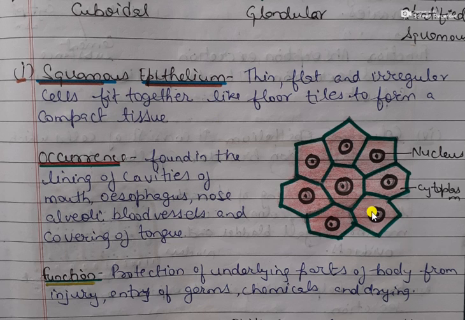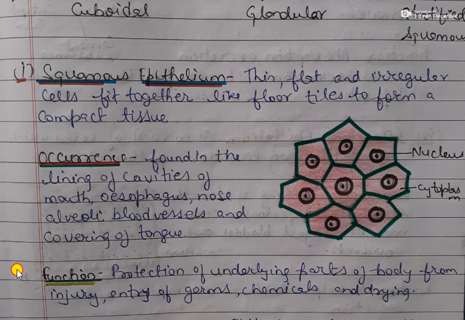This is the diagram of squamous epithelium. These are the cells containing the nucleus and the cytoplasm. They are closely fitted together, and they are irregular in shape. This tissue is found in the lining of cavities of mouth, esophagus, which is our food pipe, nose, alveoli, which are found in the lungs, blood vessels and covering of tongue.